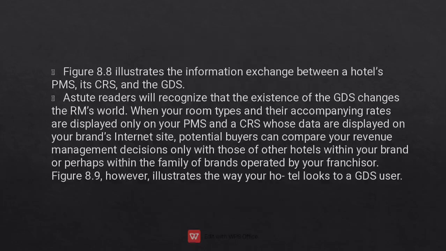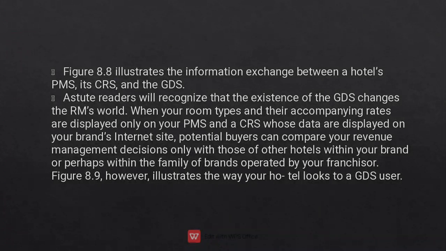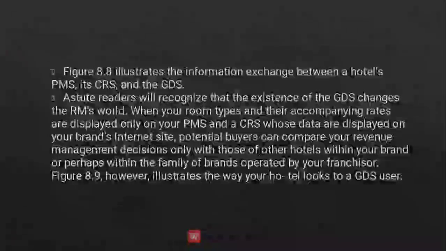Astute readers will recognize that the existence of the GDS changes the RM's world. When your room types and their accompanying rates are displayed only on your PMS and CRS, whose data are displayed on your brand's internet sites, potential buyers can compare your revenue management decisions only to those of other hotels within your brand and perhaps within the family of brands operated by your franchisor.